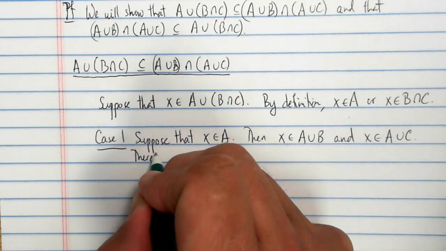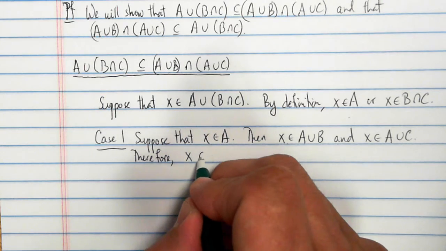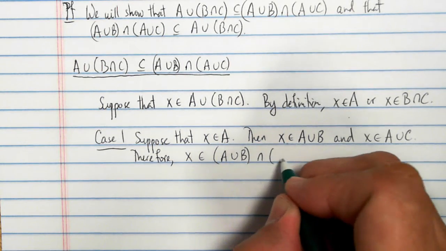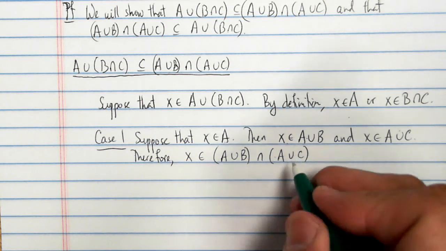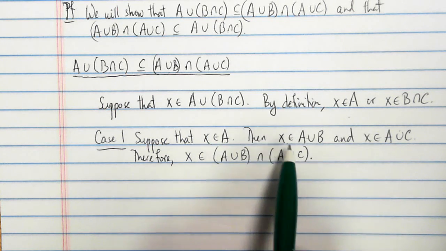Therefore, if X is in both sets, then X must be in the intersection of those two sets. And so that shows that if X is in A, then it's in here.